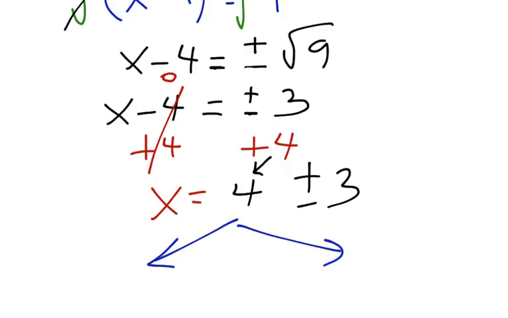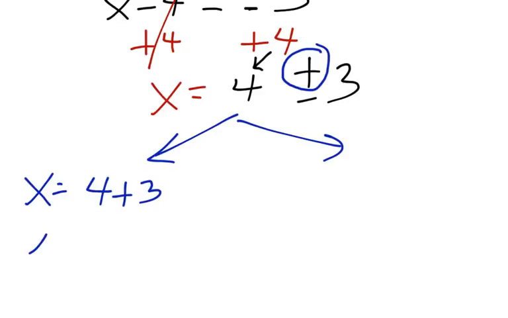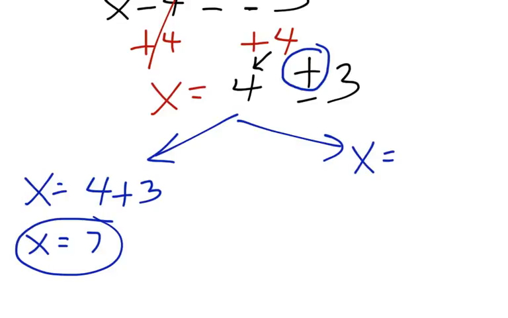Your first answer is 4, and we're going to use the positive part of the 3. 4 plus 3. Can we do that? Of course we can solve that. So my first answer is 7. Next one. X equals 4 minus 3.